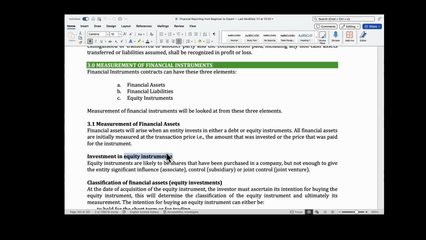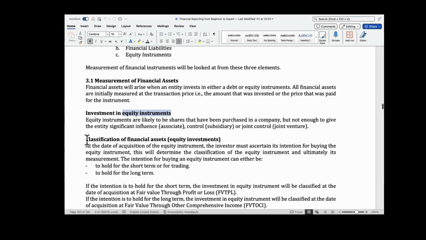However, narrowing down to shares, which is equity investment, there are different reasons why you would buy shares. And those different reasons have different accounting treatment. And the standard noted that the different reasons will lead us to what we call classification of these financial assets or equity investment.